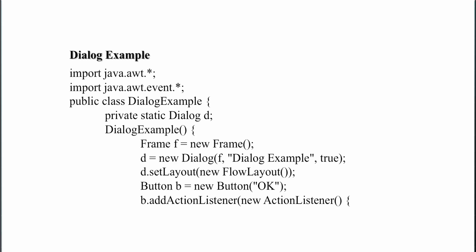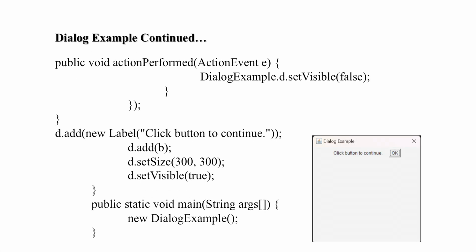Then we have to reserve the space for the action listener, and here we click the button to continue. OK. So this is a dialog box, meaning this is creating a sort of messaging over there.